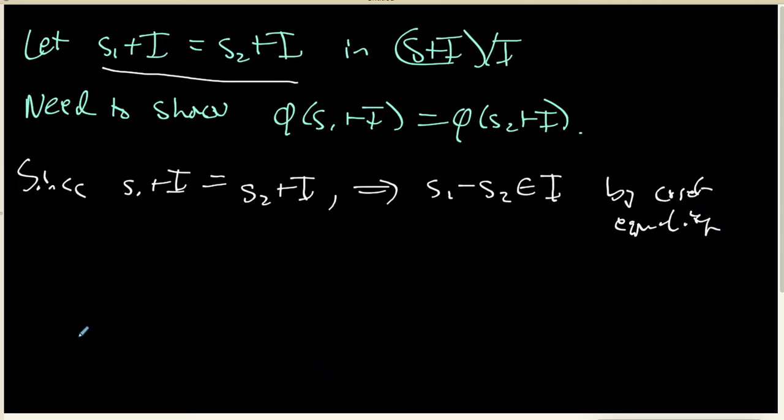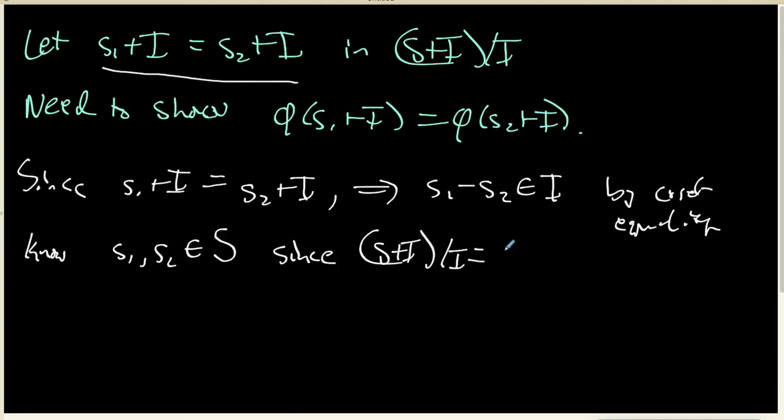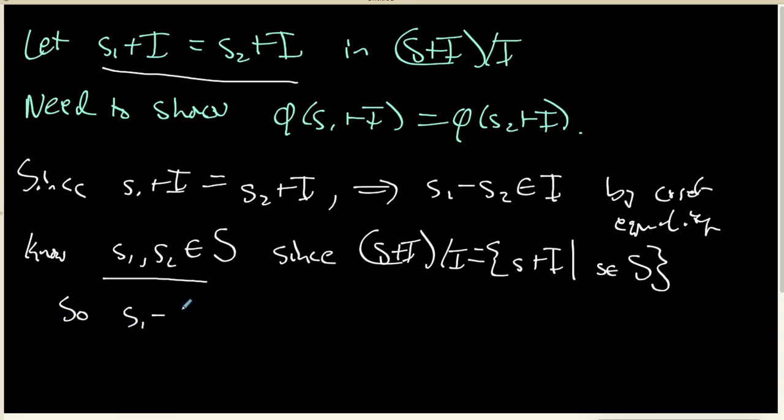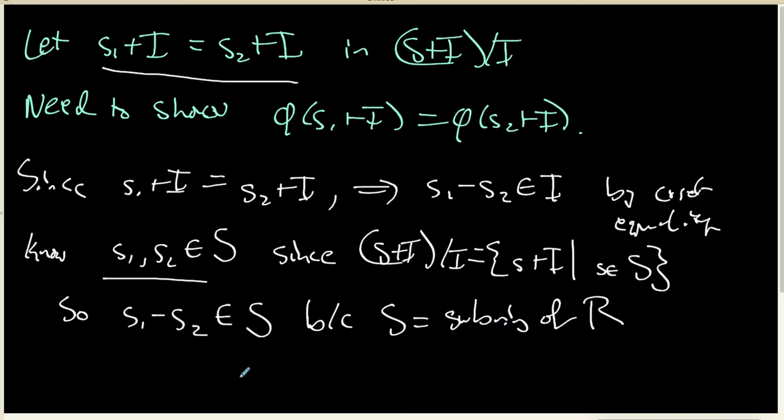But we also know something else here. We know that S1 and S2 are both pulled from S, since the elements of S plus I mod I are equal to the left cosets of I, where the representative is pulled from S. And S is a subring, so this fact here tells us that S1 minus S2 also belongs to S, and that's because S is a subring of our main ring R. And what this tells me is that we have two interesting facts.